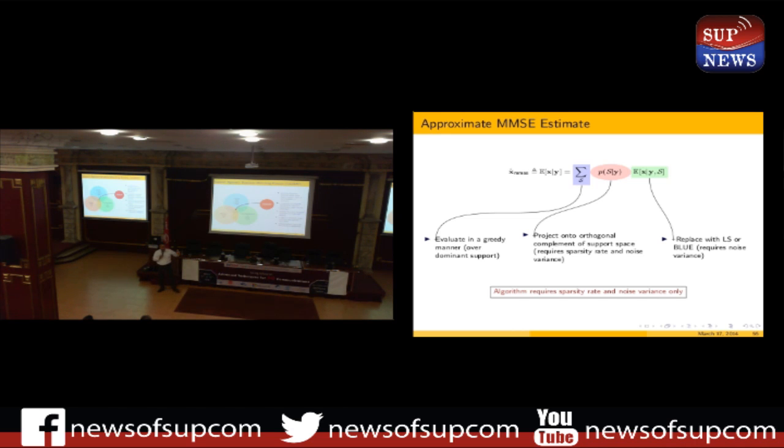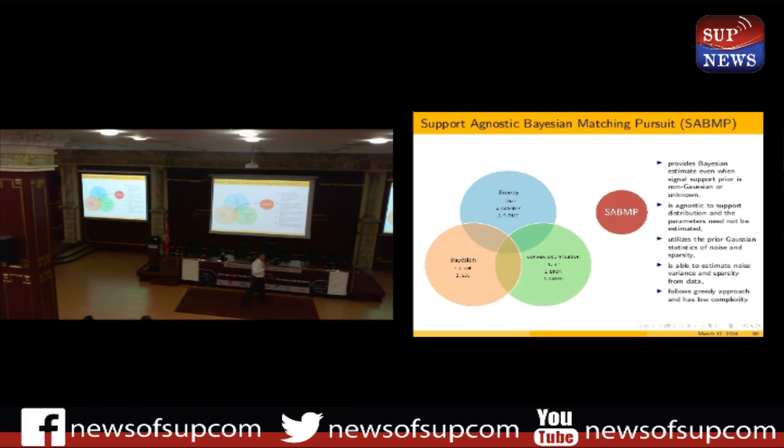We have two types of solutions. Solution one, which is based on L1. Remember the L1? The problem with the L1 is that it does not use any prior statistics about our problem. On the other hand, we have the Bayesian approaches, which assume what? They assume that the noise is Gaussian and the sparse vector is Gaussian, right? We are in the middle.